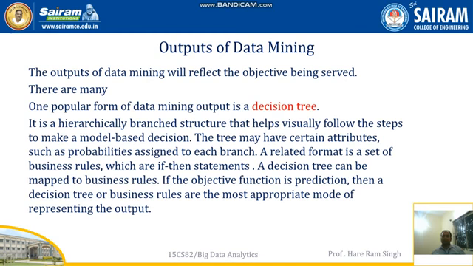A decision tree can be mapped to business rules. If the objective function is prediction, then a decision tree or business rules are the most appropriate model of representing the output. Decision trees are covered in the next module, module 4, as a separate chapter. There you can study in detail with examples.